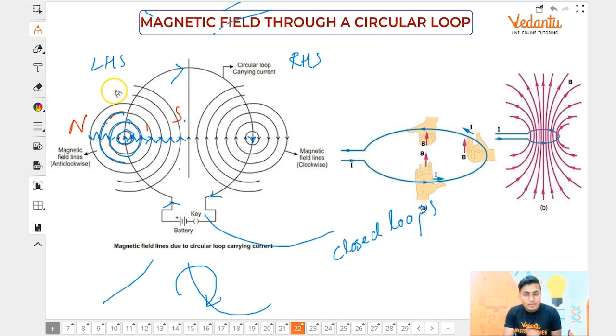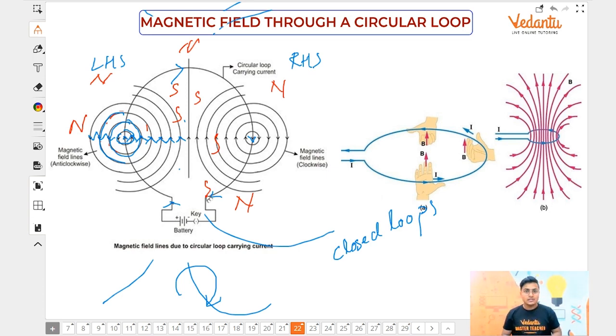So it will be the same everywhere: north, south, north, south. So whenever a current in a circular coil moves in a clockwise direction, the outer part of the circular coil will be a north pole, the lower inside part will be a south pole.